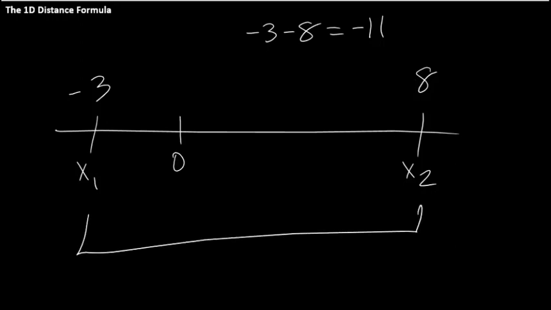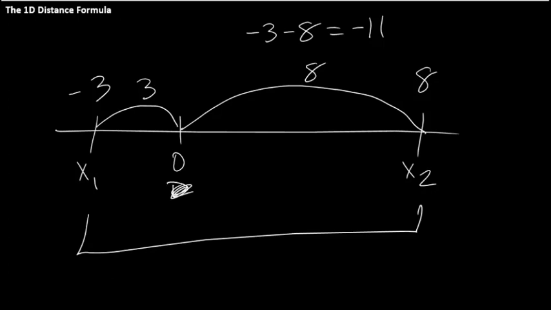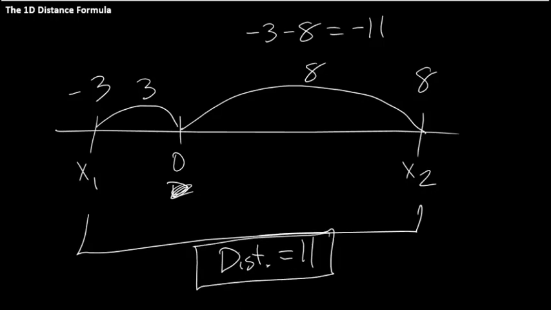And lo and behold, if I count, the distance from negative 3 to 0, that's 3. The distance from 0 to positive 8, well, that's 8. 3 plus 8 gives me 11, so the distance would be 11.